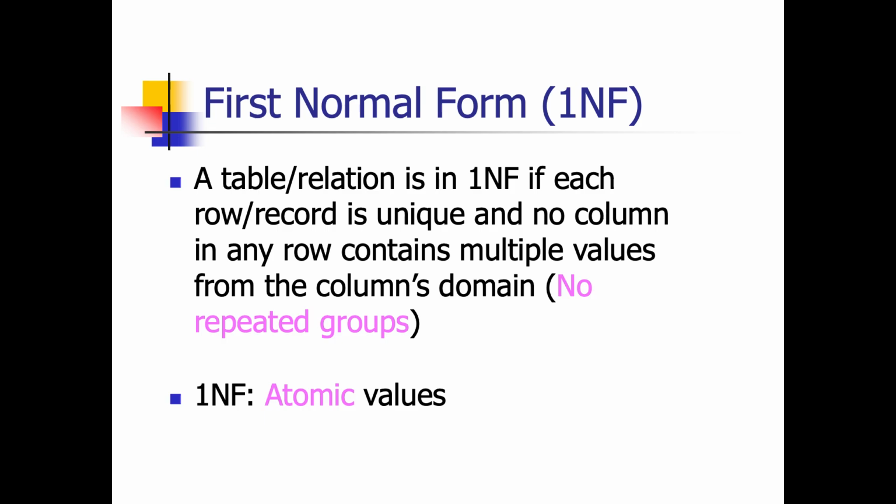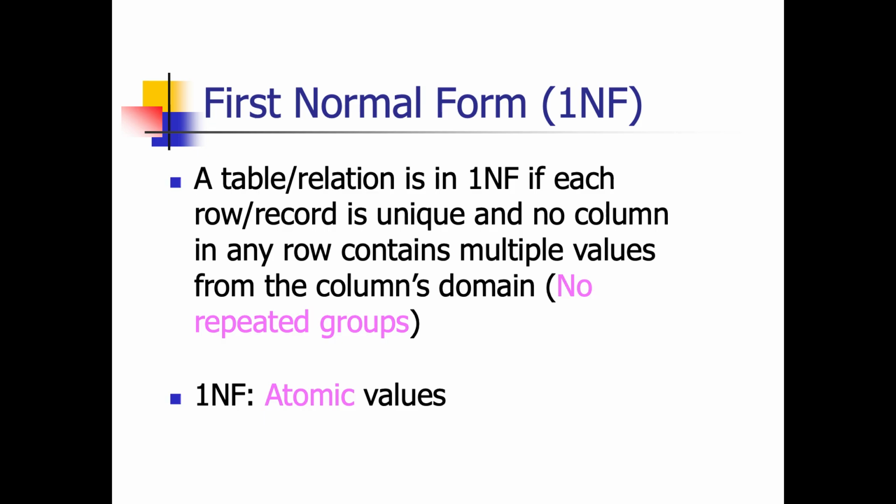So you're storing two different things in a single column. That is not atomic values. In this case, how do you resolve it? If there are two different things in a single column, you have to add another column, right? One to store the email address, one to store the home address. So you may now have customer name, email, and home address.